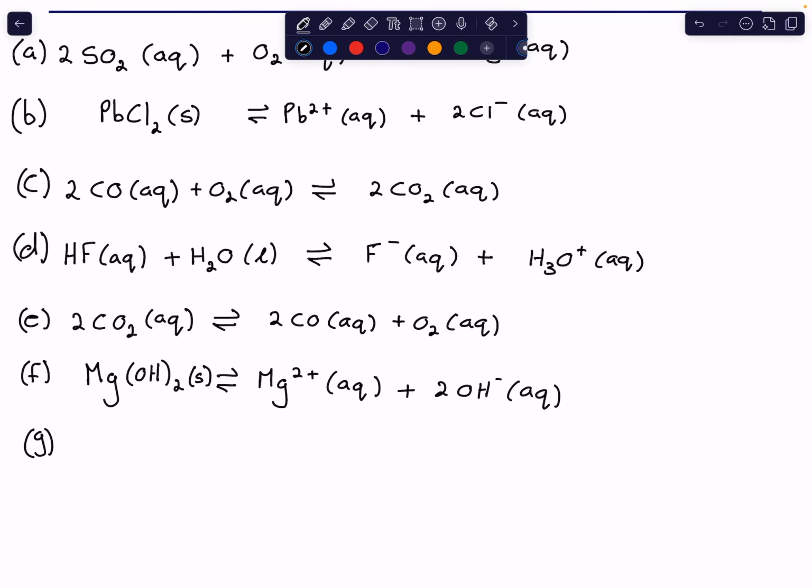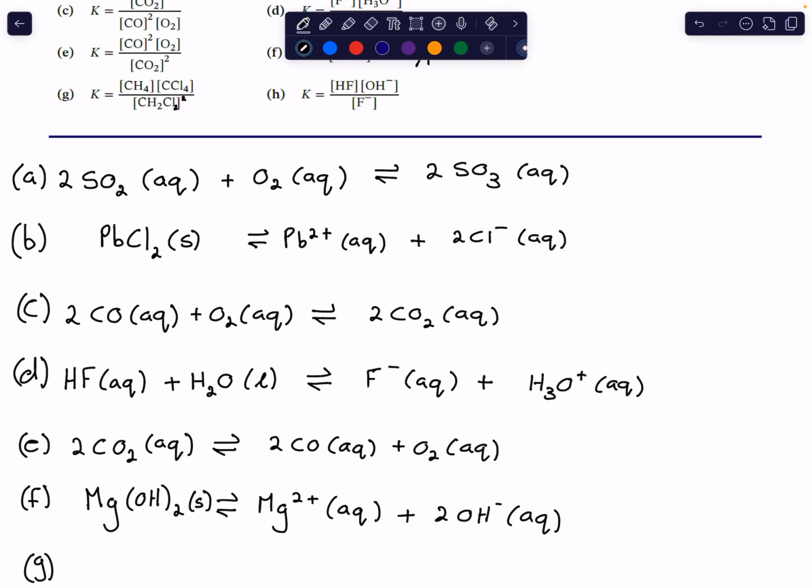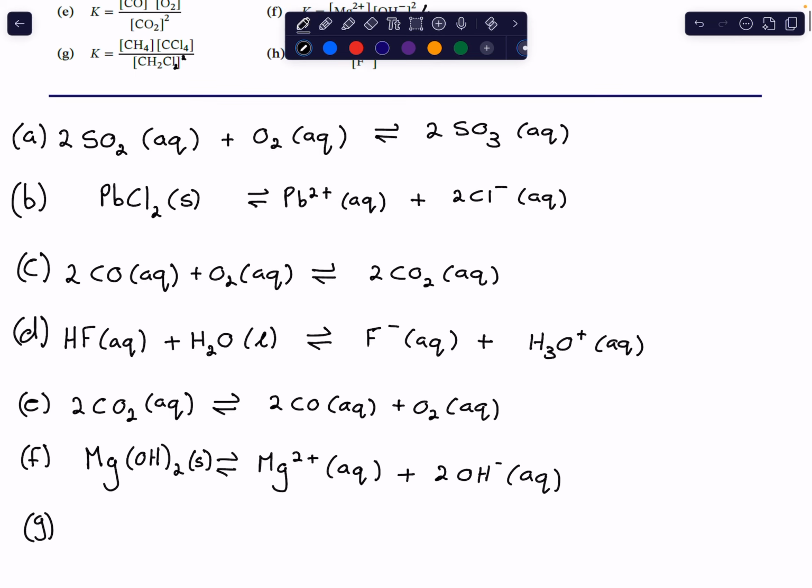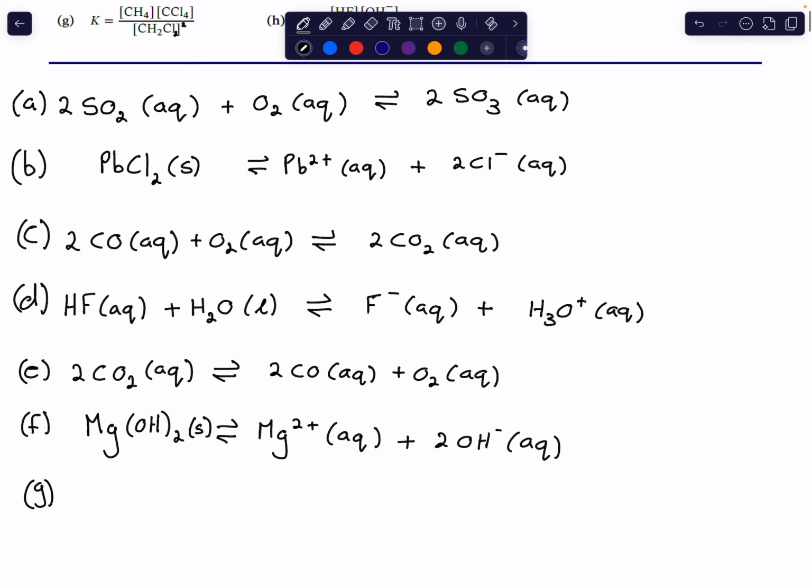If we look at G's case, we start with our reactant, CH2Cl2, so carbon has to form 4 bonds, so that means there needs to be at least 2 Cl's.